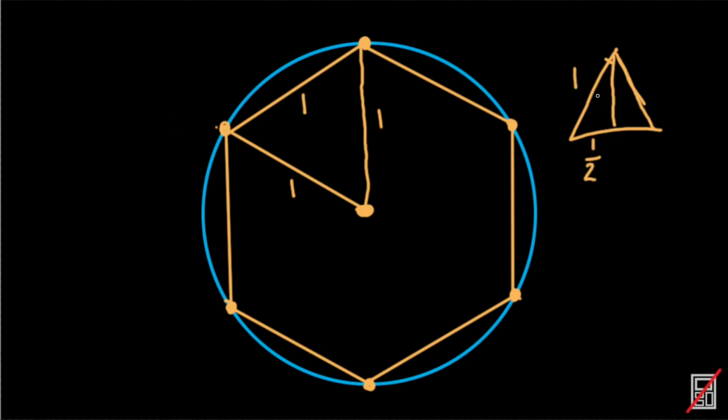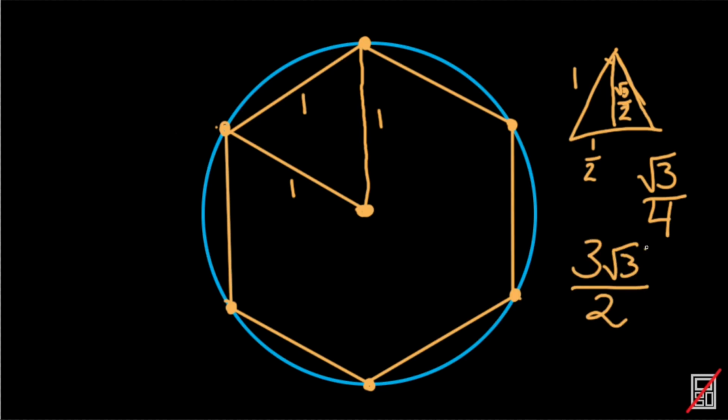This is 1, and then by Pythagoras, this is root 3 over 2. And so the area is 1 times root 3 over 2, which is root 3 over 4, giving the total area of the hexagon 3 square root 3 over 2. There we go. This is less than pi.